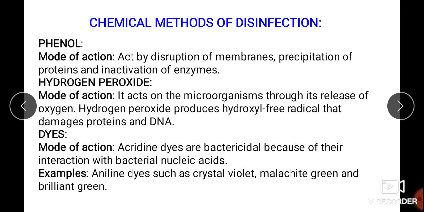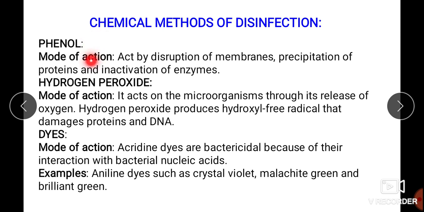Phenol. The use of phenol as a disinfectant was introduced by the scientist Joseph Lister, and this was the first disinfection agent. Also, using standard phenol we can estimate the phenol coefficient of other chemical disinfection agents.